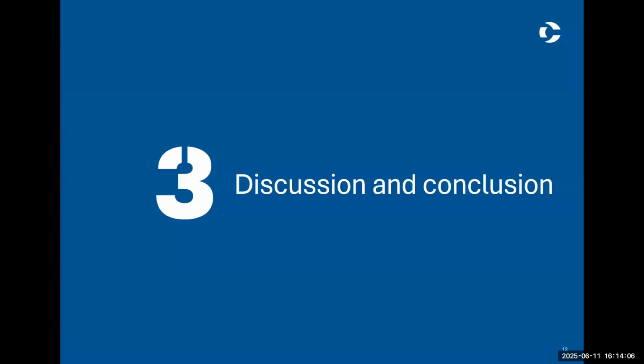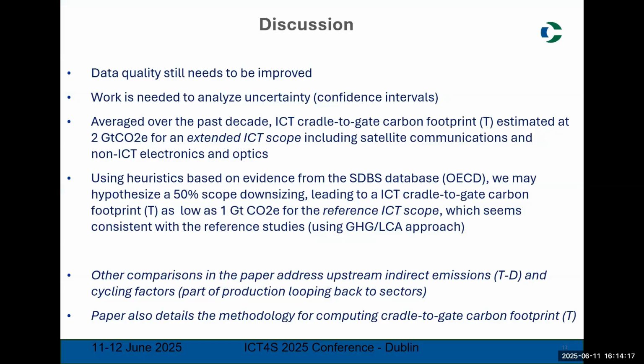Now having presented these results, let's discuss the results and, overall, the rest of the study. First, we had to face some data consistency issues in the multi-regional input-output table we were using, FIGARO. But what we can say is that those data are improving year by year.